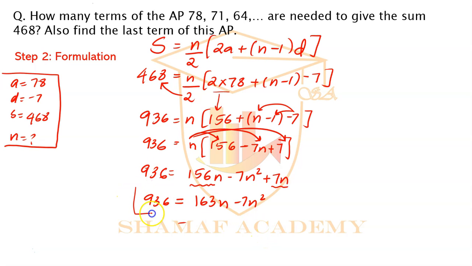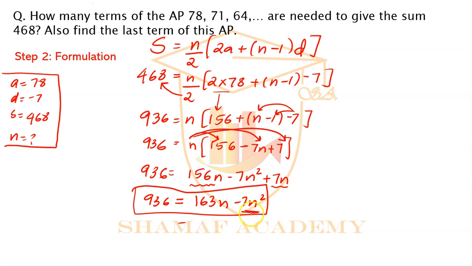Now, can you tell me what kind of equation we have formed here? Yes, we formed a quadratic equation, but this quadratic equation doesn't actually look proper. So what we are going to do is make this look nicer. Our first term, which is supposed to be the square term, we should bring it to the front, but it's not supposed to be negative.